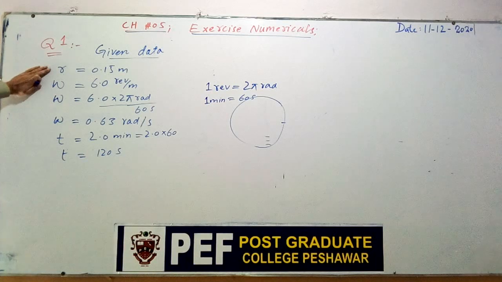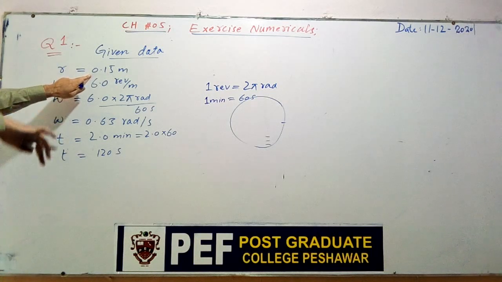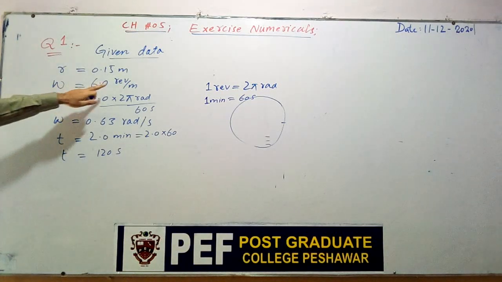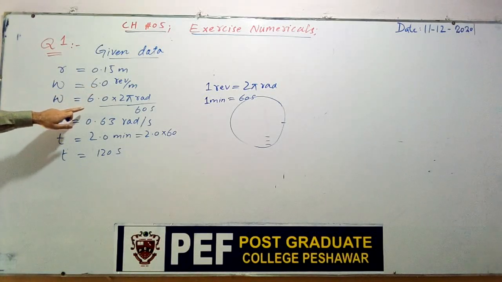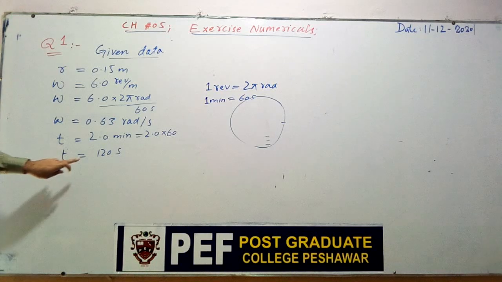So remember, in this numerical problem, 3 things are given. The radius of the plate of the microwave oven, which is 0.15 meter, and the angular velocity, which is 6 revolution per minute. Converting this into radian per second, we get 0.63 radian per second, and also the time is given, which is 2 minutes or 120 seconds.